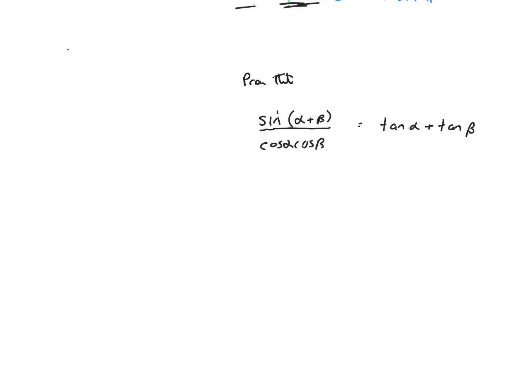Okay, well the first thing that I would look at and say that I can do something with is the sin plus expansion. So let's open that up. So it's going to be sin alpha cos beta, this is straight from the formula sheet, plus cos alpha sin beta, all divided by cos alpha cos beta.